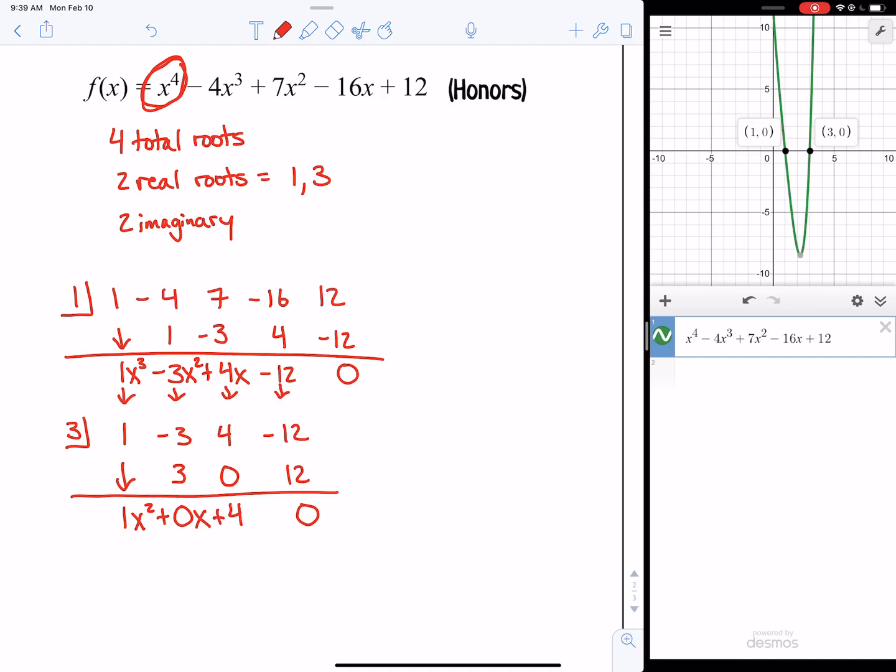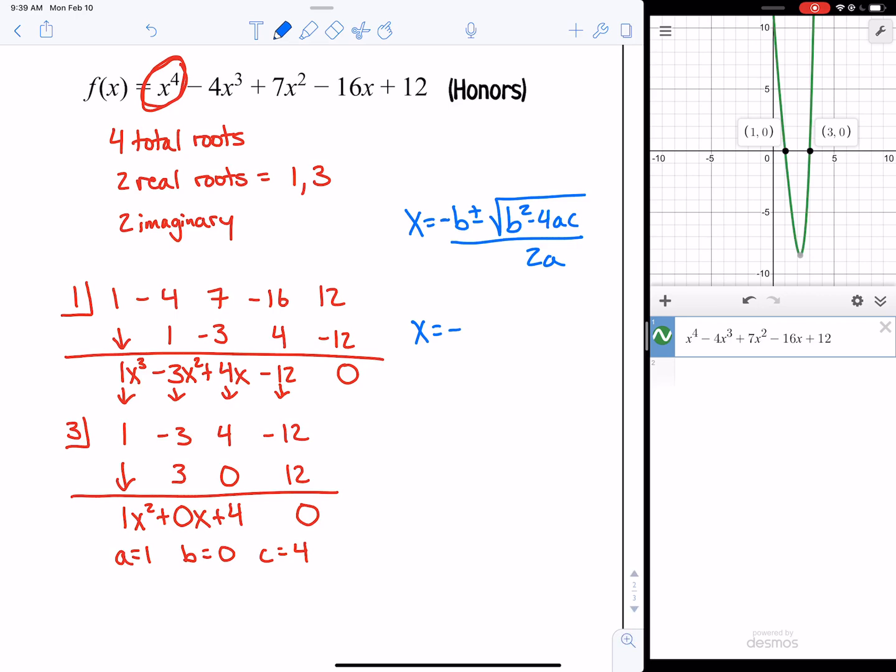Now, you can put that in the quadratic formula. You can say that's a equals 1, b equals 0, and c equals 4. That is definitely one way to do it. So x equals negative b plus or minus the square root of b squared minus 4ac all over 2a. We do expect that you know that formula, so study that if you need to. And then we can put in our b.